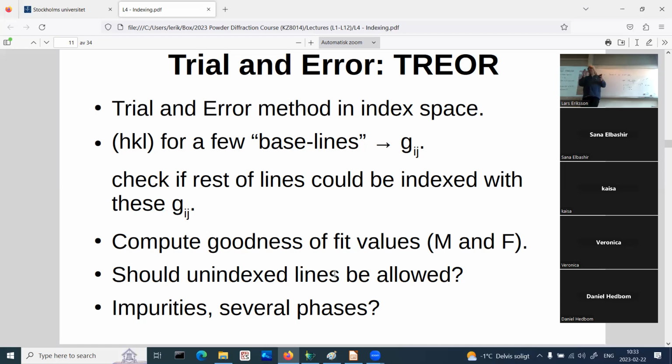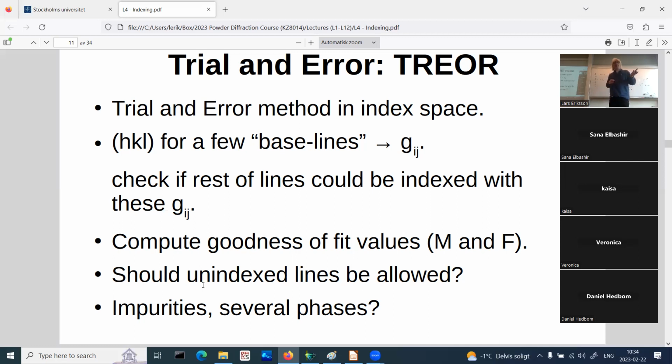It depends on what criteria you use. Some lines could be irregularly shaped and such things, so it's difficult to tell where the peak position is. But if you allow some sort of acceptance window for each reflection and still there are unindexed lines, then it's something fishy. I guess either you have impurities or you haven't solved the problem.